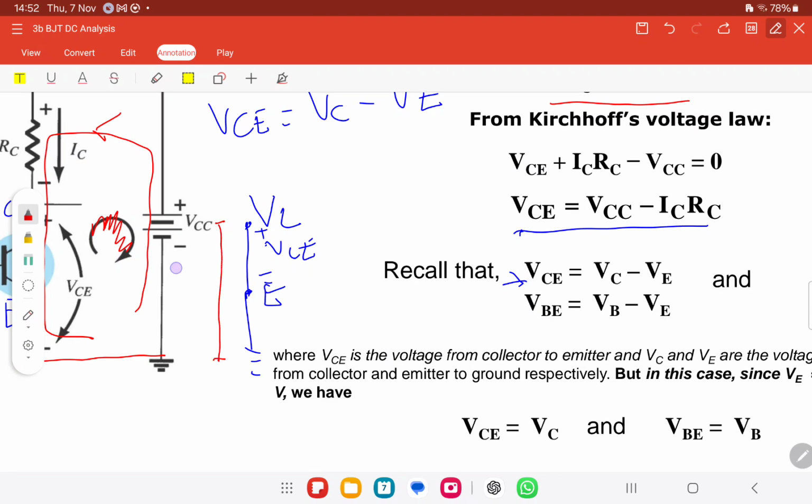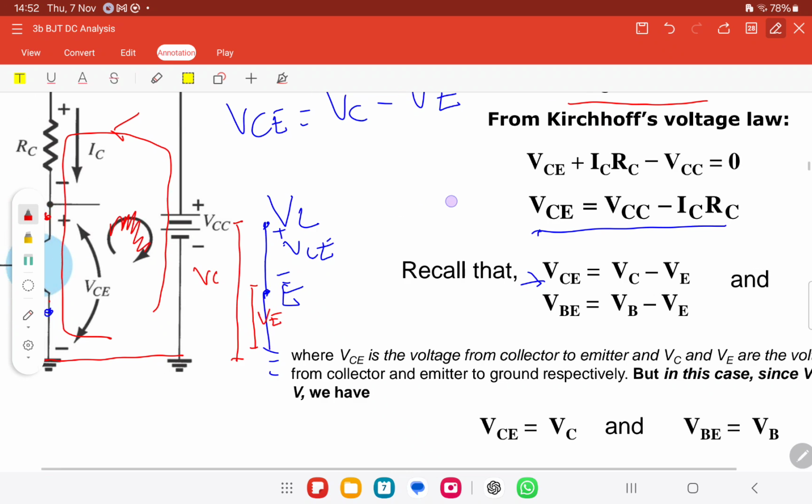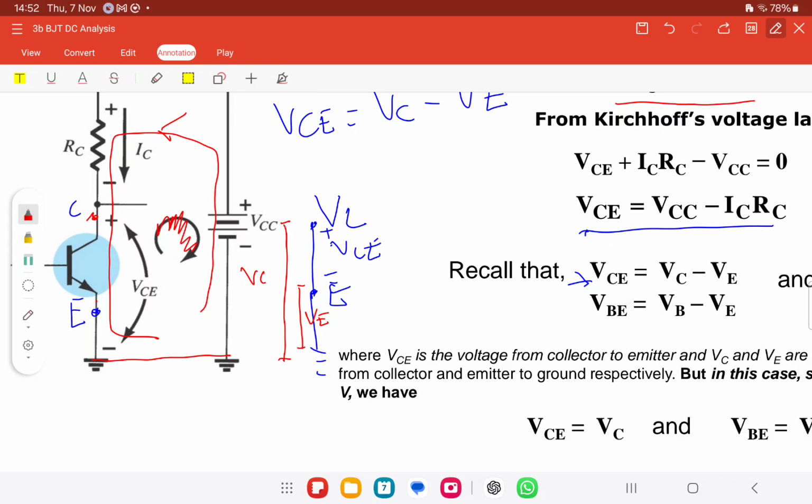VC, this is VC. VE, this is VE. VC daripada point C to the ground. VE point E to the ground. In between tu, sini is VCE tu. Sebab tu VCE equals to VC tolak VE.